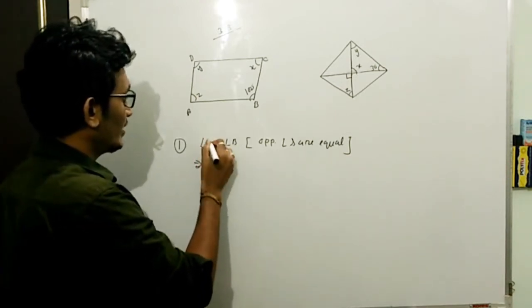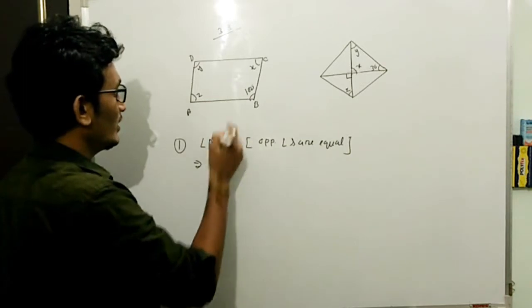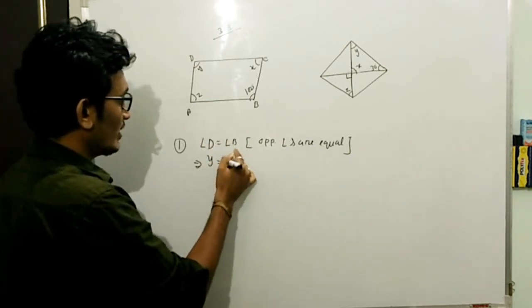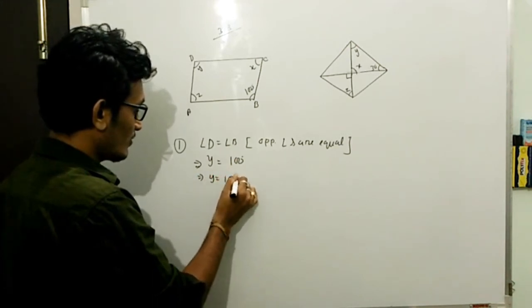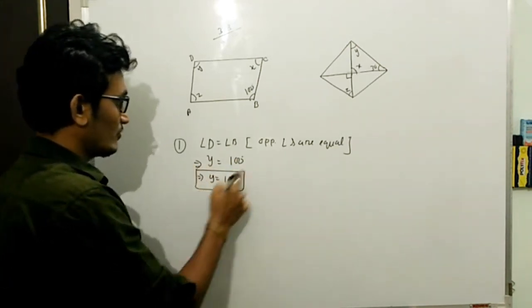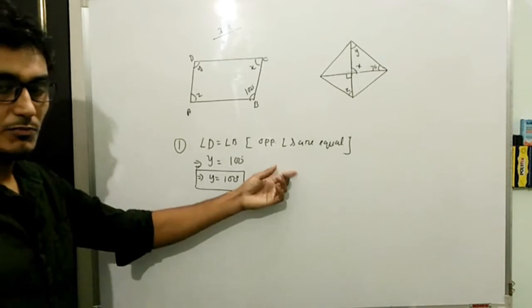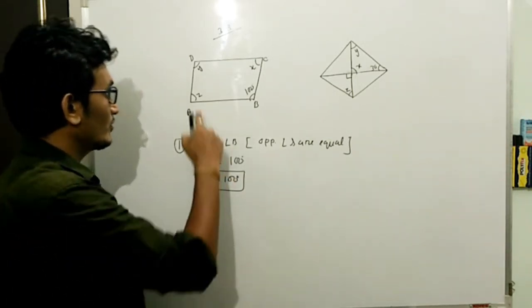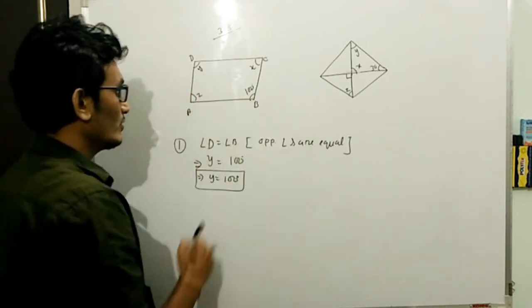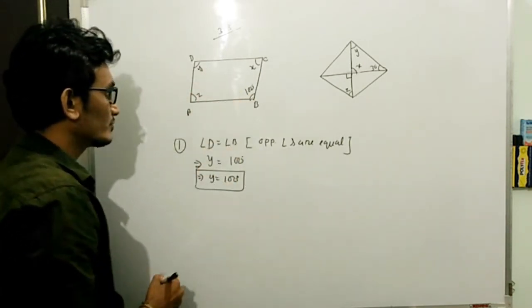So it should be D: D equals B. D is Y and B is 100. So the value of Y equals 100 degree. We are using the property that opposite angles of a parallelogram are equal, so Y equals B, that means Y equals 100.